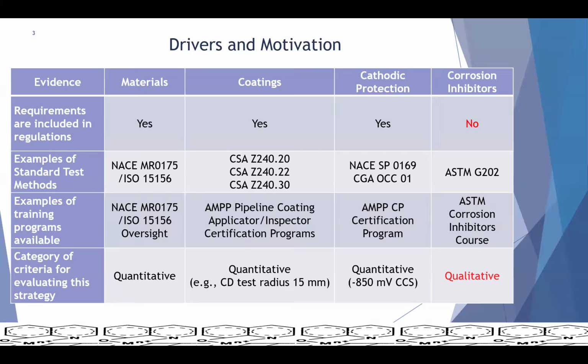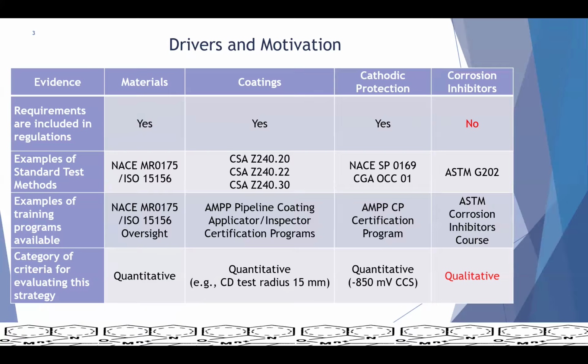We have been successfully controlling corrosion for the last 70, 80 years by either one of these methodologies or a combination of all of them. But if you look at how we are evaluating the corrosion inhibitor, the methods are still qualitative. That is a primary motivation for this JIP as well as the webinar series.